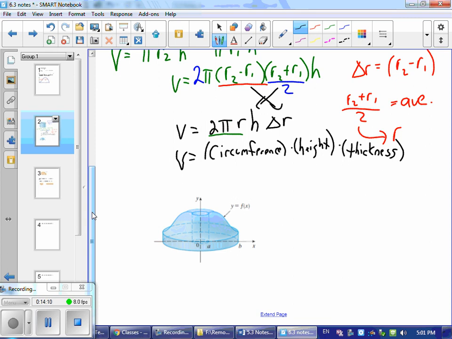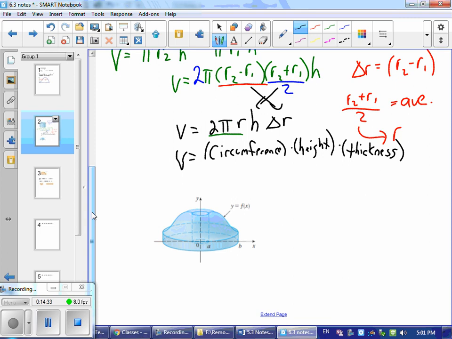And if we took the shape that we did above and we rotated it around the y-axis, it's going to give a solid that looks like the shape that you see below there, with that hole kind of in the center. It would look something like that. Okay, so you might ask yourself, well, wait a minute. That thing on the bottom does not look like one single shell.